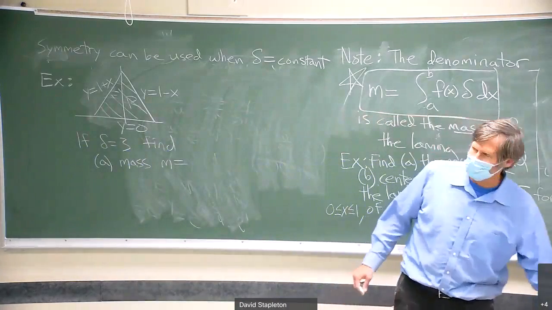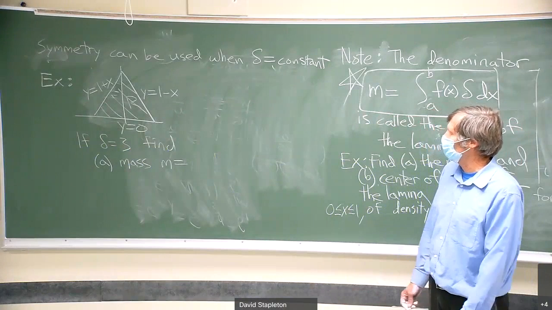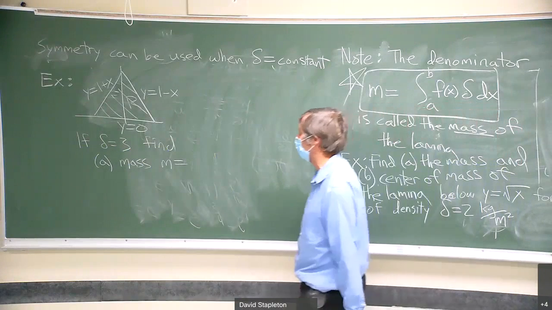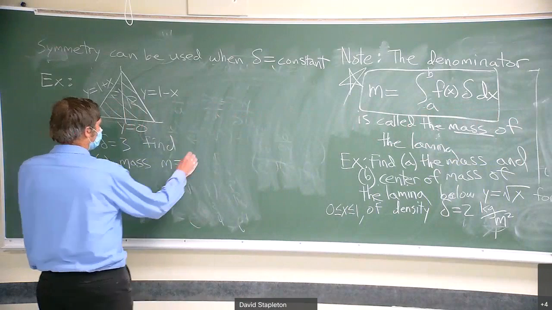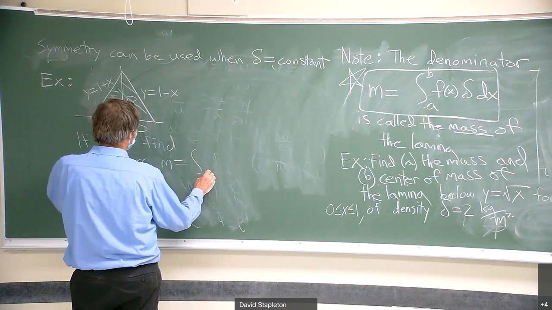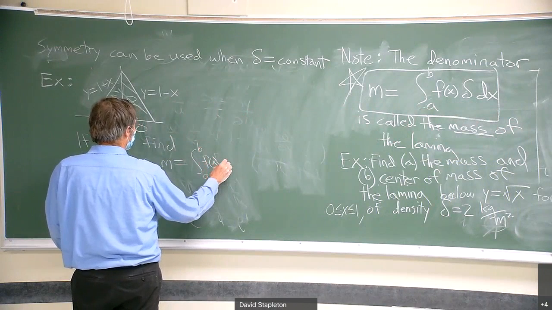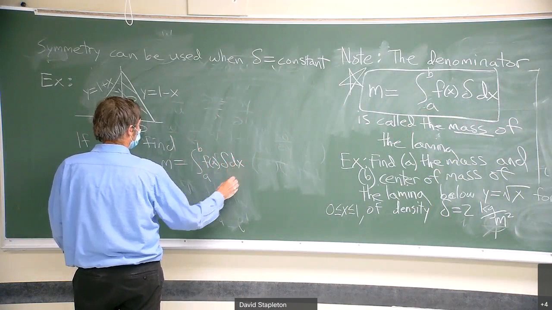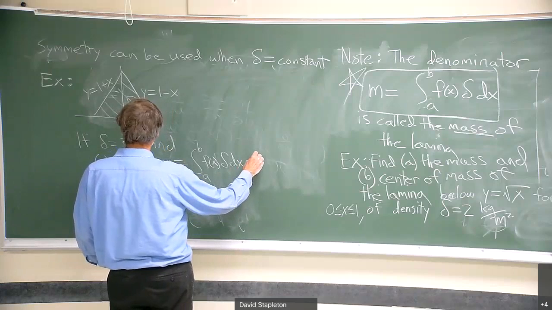Well, I'll give you a little hint that makes this a whole lot easier. If you want, you can just find the area, and since delta is a constant, you can just take the area times delta. So we use the formula we did, integral from a to b of f of x delta dx. But if we pull delta out, delta is equal to 3.